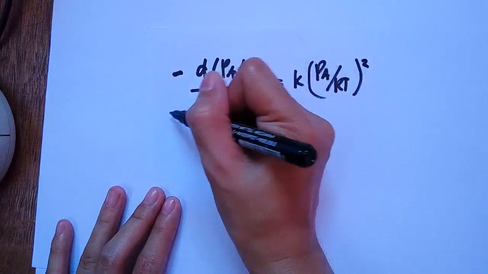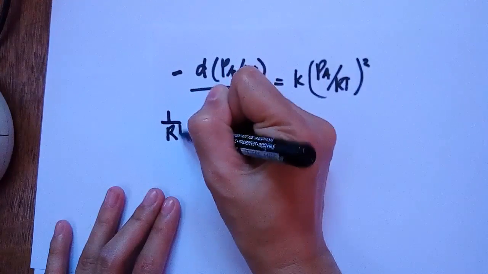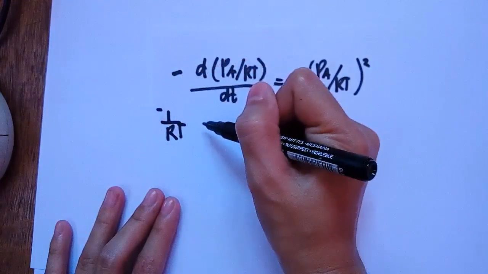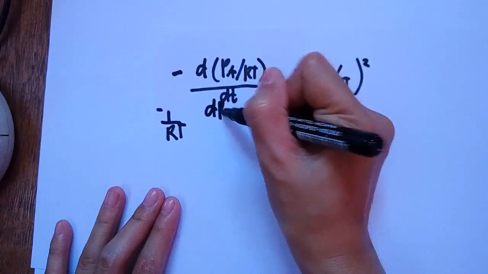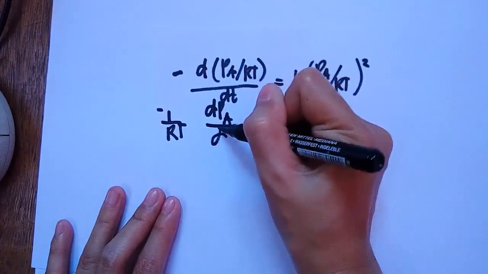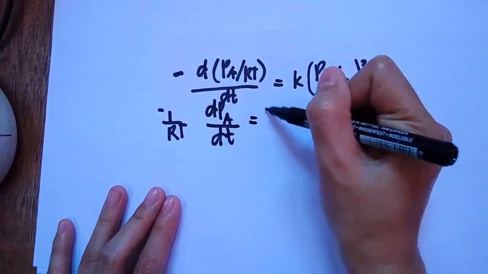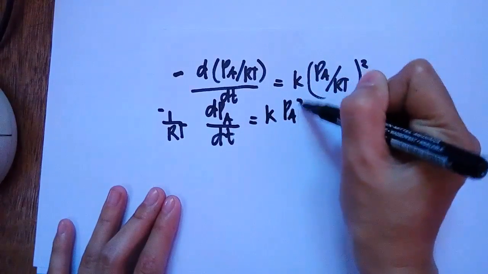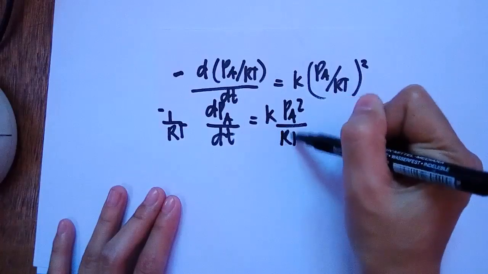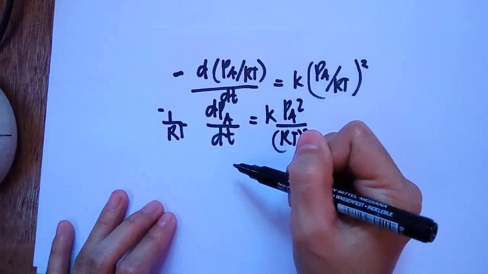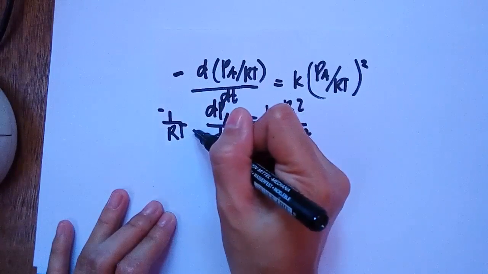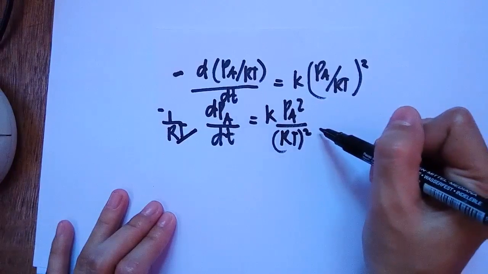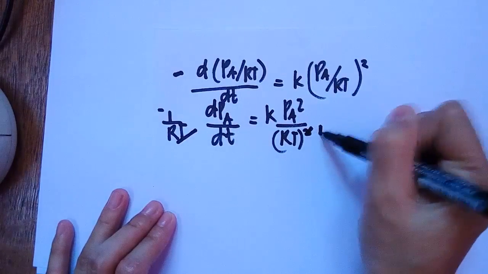Since 1 over RT is just a constant, we put it outside. Negative 1 over RT dPA over dt equals k PA squared over RT squared. We can cancel one RT, and we are just left with 1 over RT on the right.